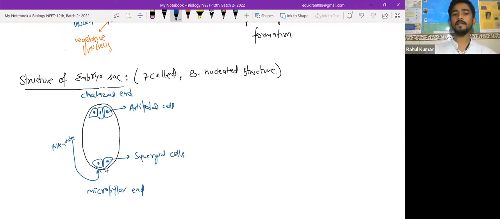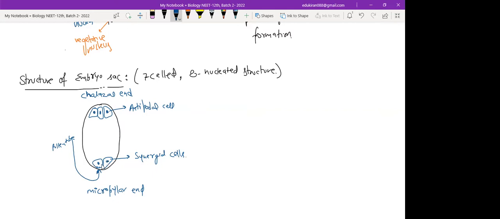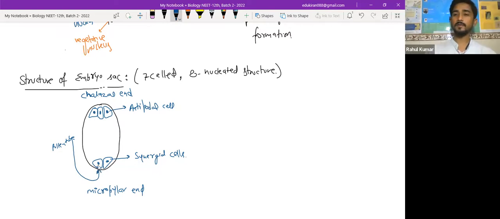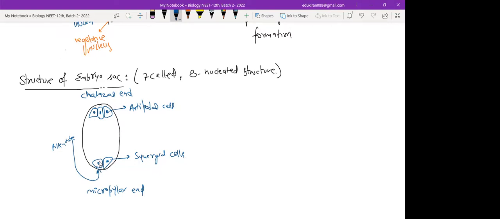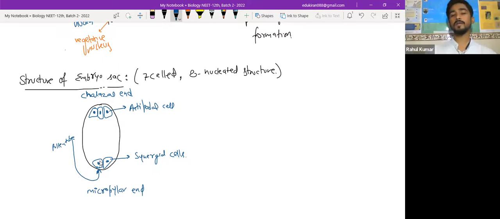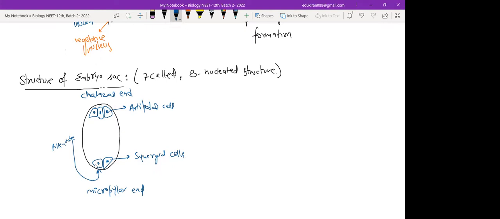How many total cells till now in the embryo sac? Antipodals 3, synergids only 2. So total 5 cells. How many total nuclei? 5 nuclei, each carrying 1.